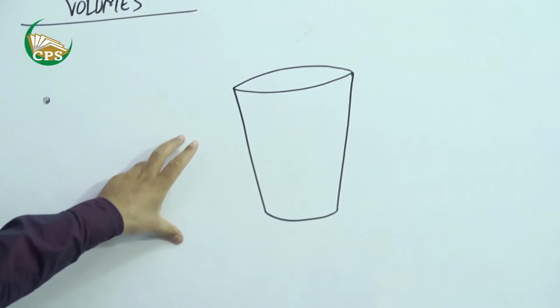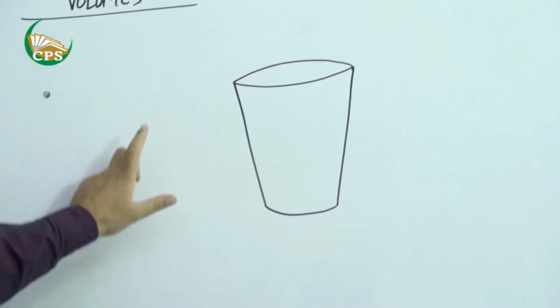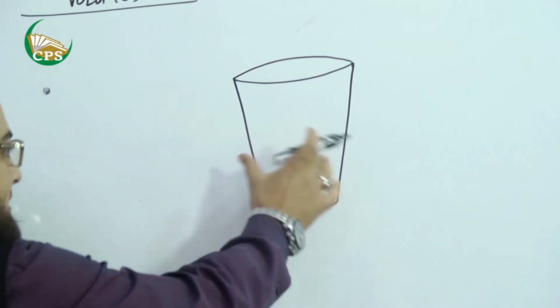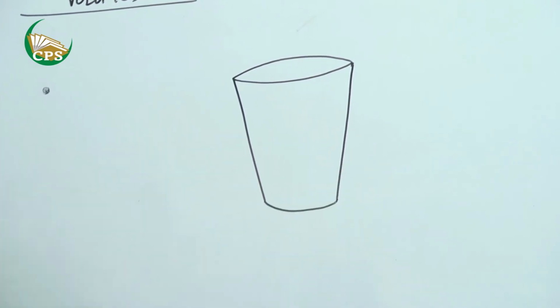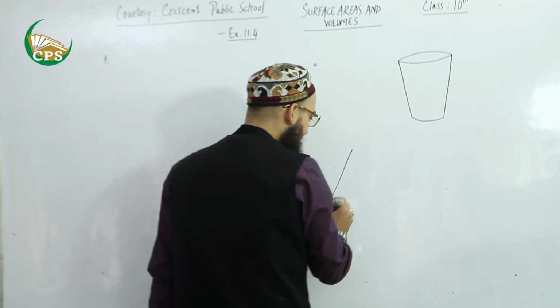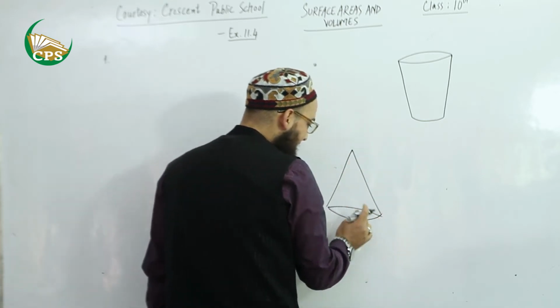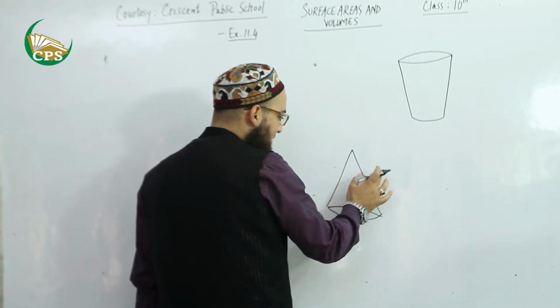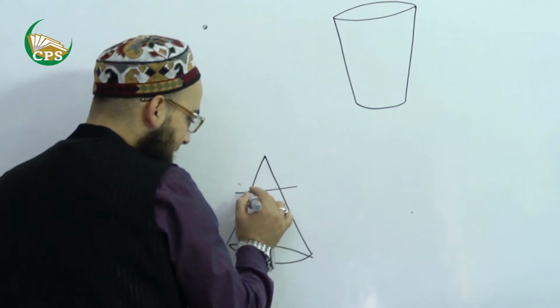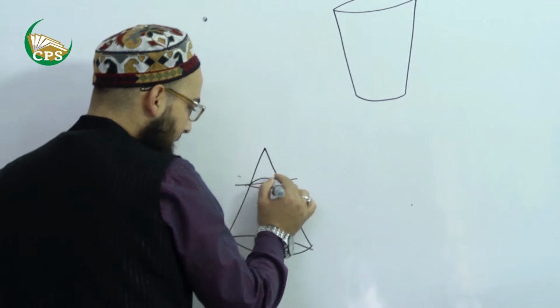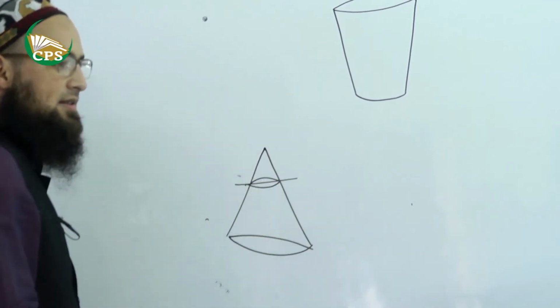For the frustum of a cone, you can refer to the introduction part where we have discussed what actually the frustum is. It is nothing but when we have a cone, if the apex of the cone is cut off like this, you'll get a figure that is a frustum of a cone.